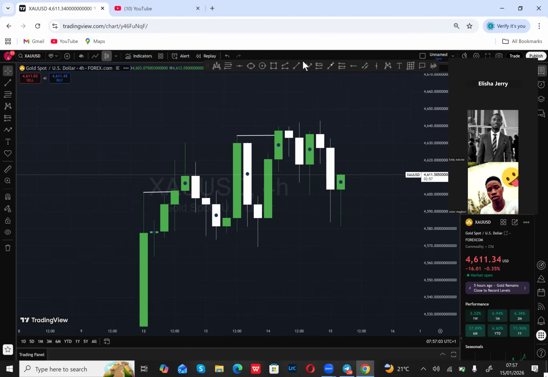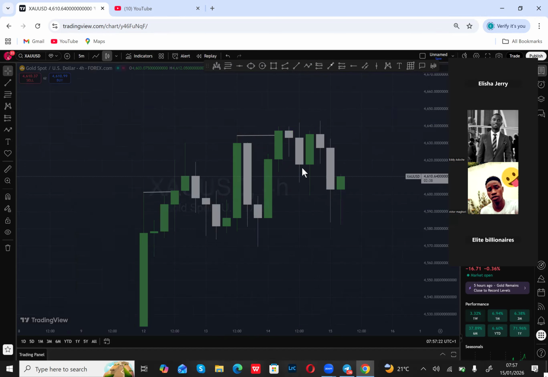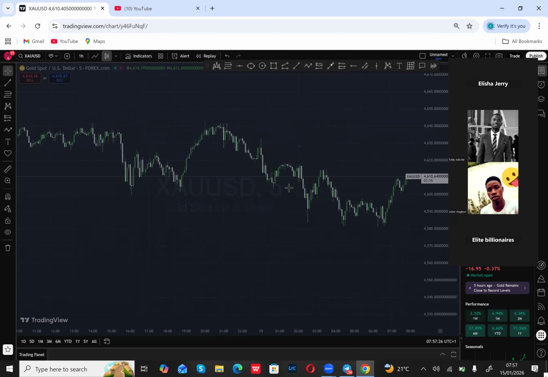So how do you trade your reversal? The moment this is taken out and price gives a change of character, you then look out for entries to reverse the trend back to an internal range liquidity. Going to the lower time frame, let me see if we have that on the 15 minutes.